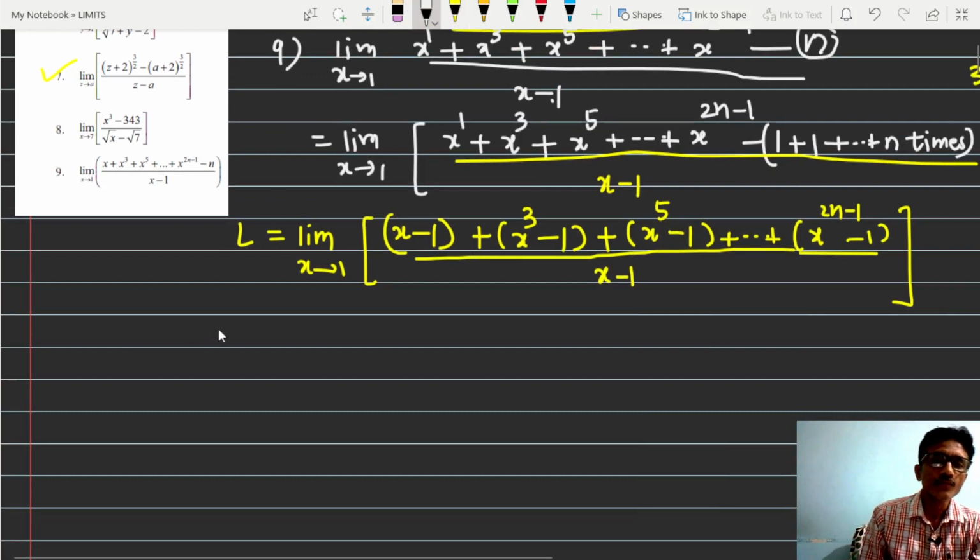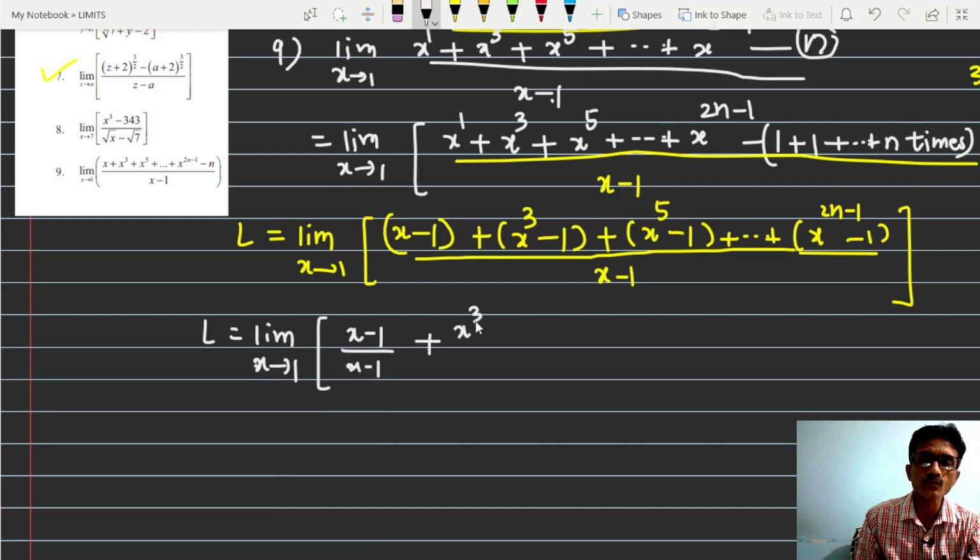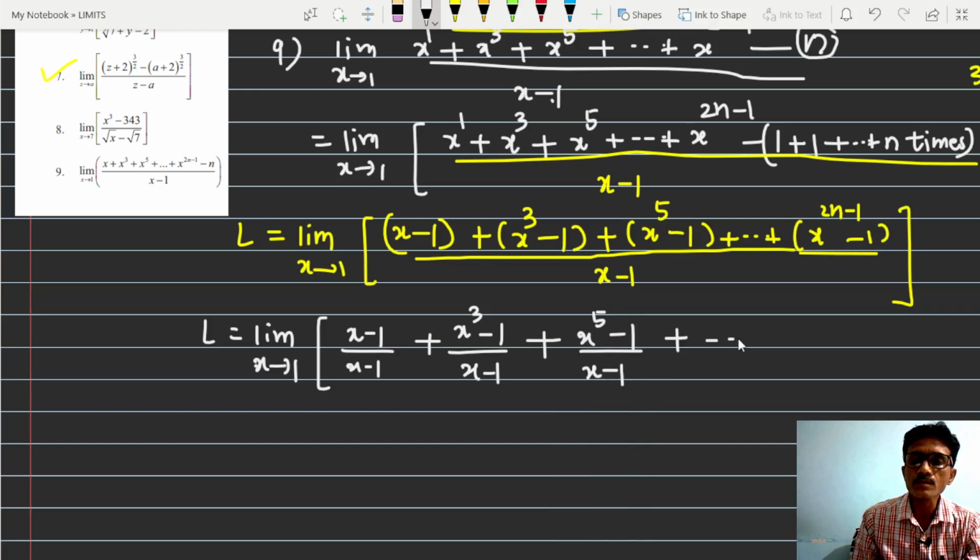Here now L is equal to limit x tends to 1 of x minus 1 upon x minus 1, then x cube minus 1 upon x minus 1 plus x to the power 5 minus 1 upon x minus 1 plus up to x raised to power 2n minus 1 minus 1 upon x minus 1.